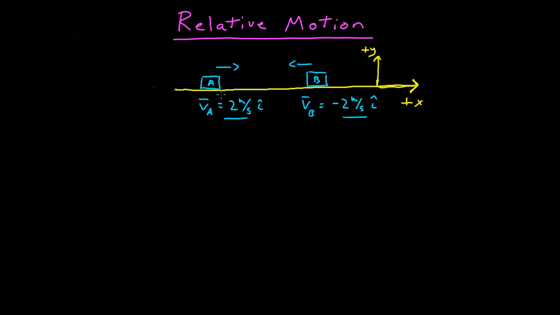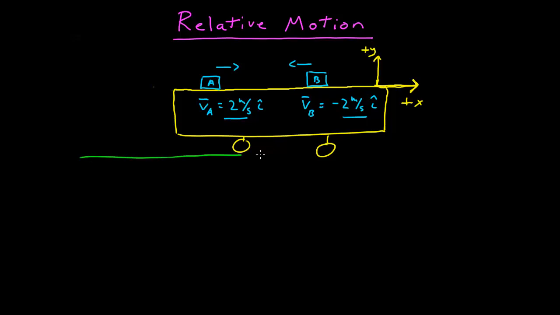Okay, and so what we want to consider is, imagine that this surface that these masses are on is in fact some sort of railroad car that itself is moving on the ground.